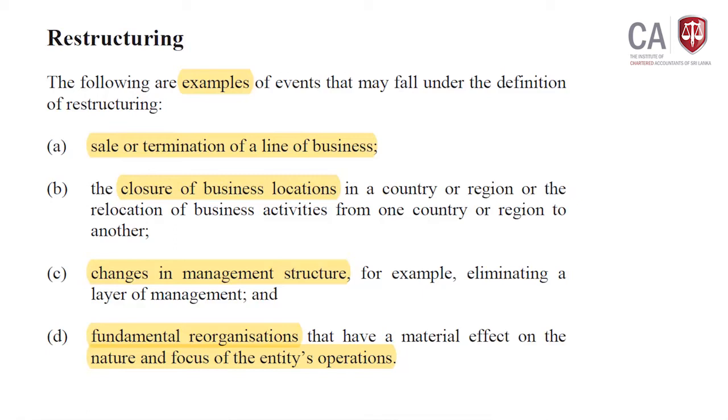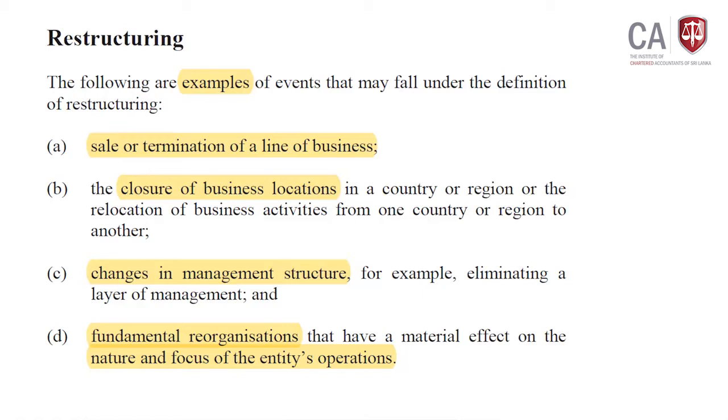Let's say from 2021 onwards, there is no management category called deputy general managers. Only you have manager, senior manager and general manager. They have eliminated the deputy general manager category. That will also come under what? Definition of restructuring, right?